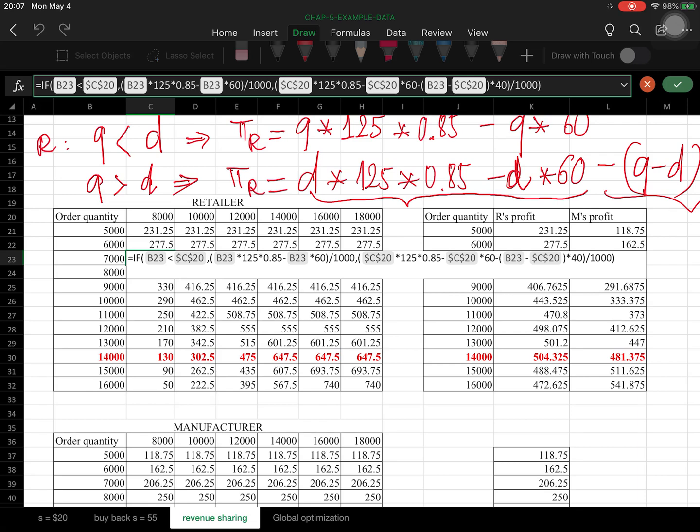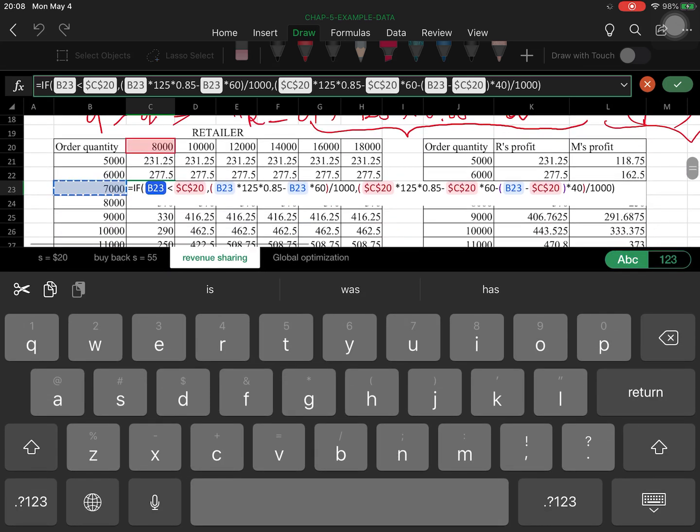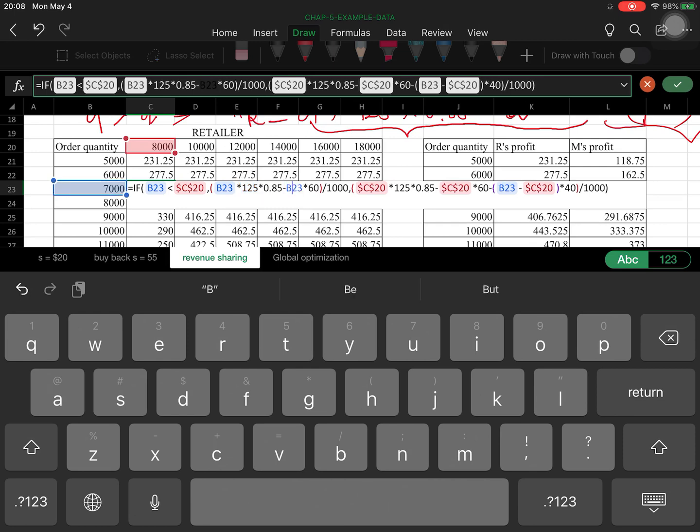Here, if the order quantity is less than the demand, the revenue will equal the order quantity multiplied by the selling price multiplied by the percentage of revenue sharing, minus the order quantity multiplied by the wholesale price. This is the revenue and this is the cost.